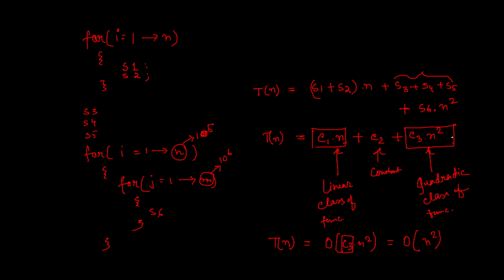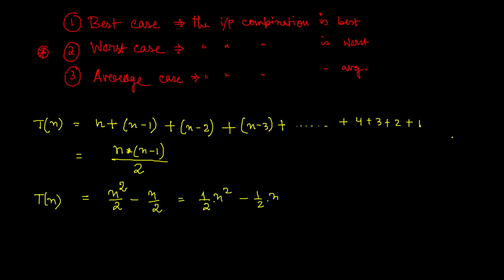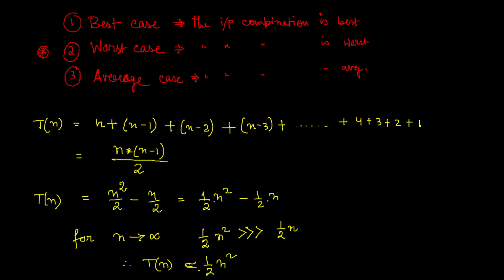Since we are always considering a very large value of n, I can say that for n towards infinity, half n square will be very, very large compared to half n. That means Tn will be something like half n square for a very large value of n.